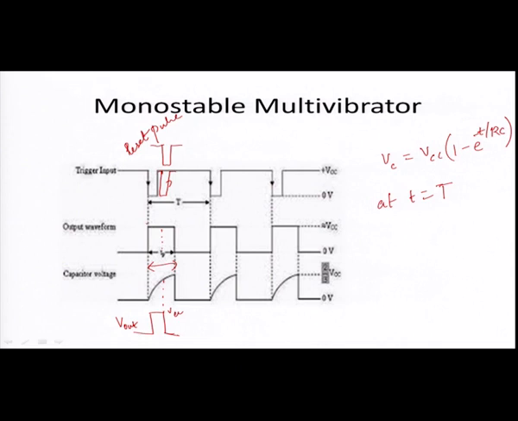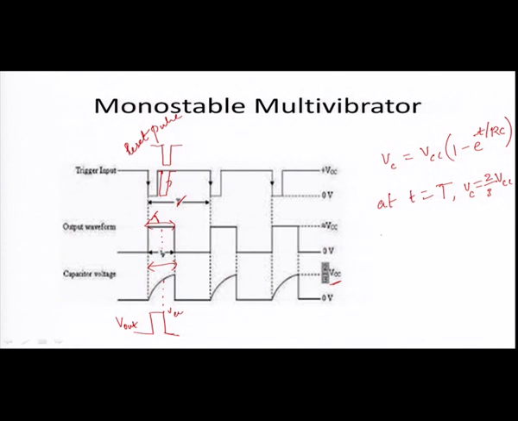Say this is t, not this t. I am talking about the time period of the output waveform. Then for this T, the voltage across the capacitor will be equal to 2 by 3 Vcc.